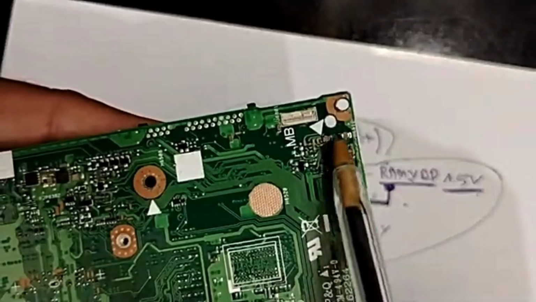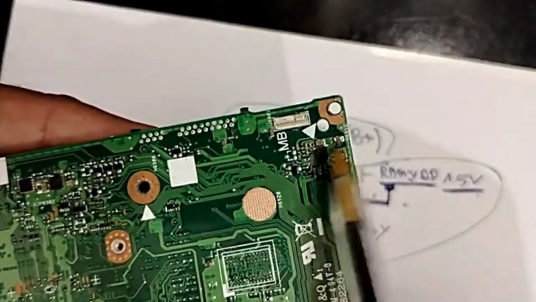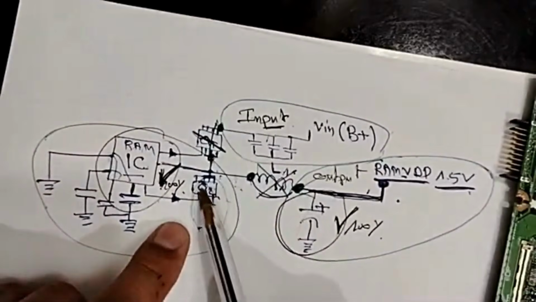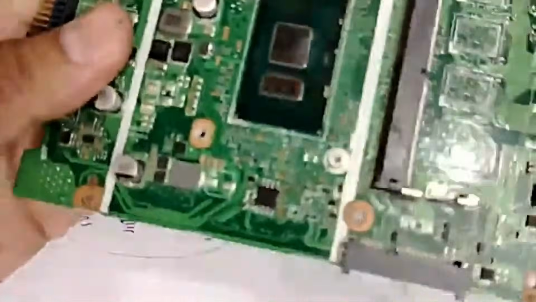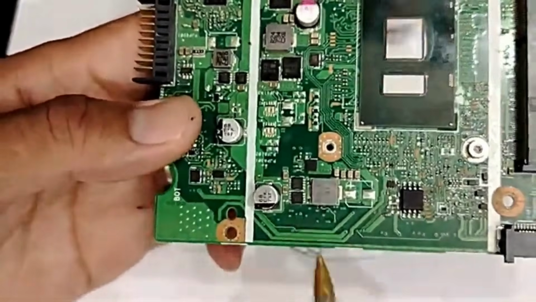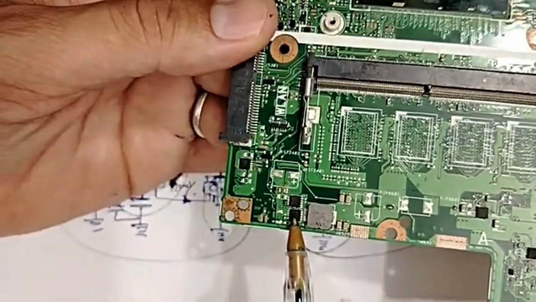Could be this one or these ceramic capacitors. The short is here. Okay? Or the lower MOSFET, this one. The lower MOSFET is this one. The lower, where is it? Here. The lower MOSFET, this one.